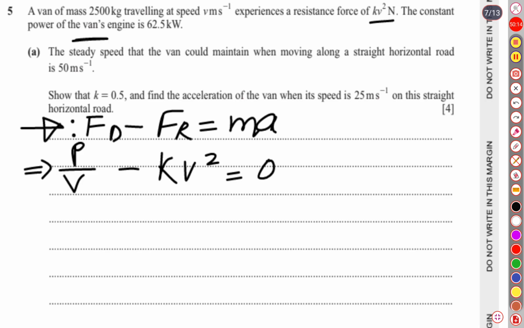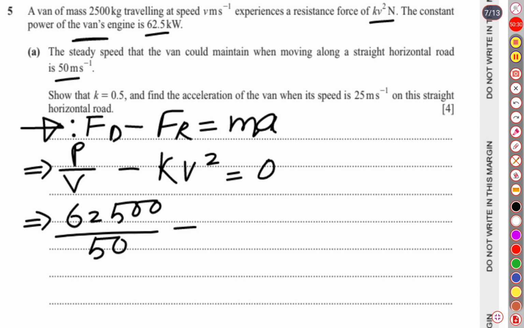Look at this. Power is 62.5 kilowatts, so 62,500 over velocity, which is 50, minus v squared, meaning 50 squared, times k, is equal to 0.